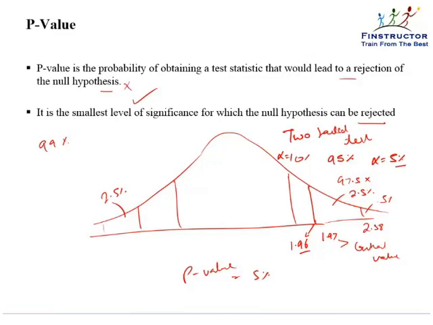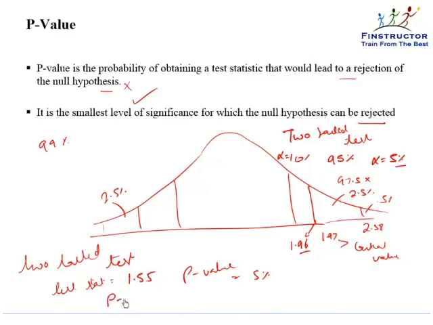Now the question is that if it is a two-tailed test and the test statistic comes out to be 1.55 instead of 1.96, the test statistic now comes out to be 1.55.